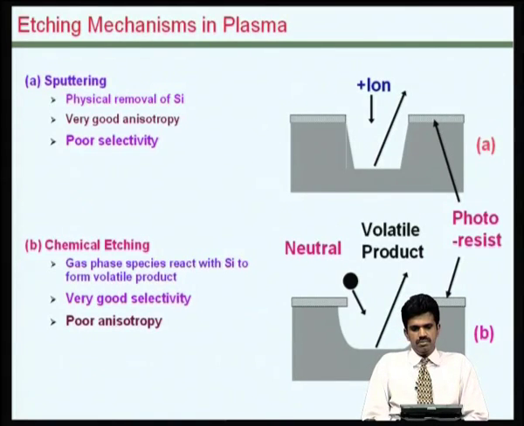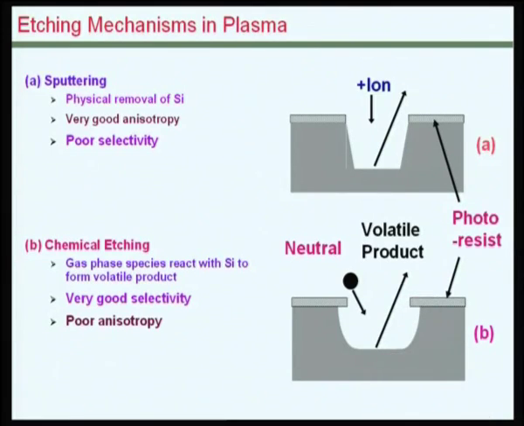If you look at the simple physical removal, where only the ion bombardment could be used, there is a chance that it is very poorly selective. And if you only look at the chemical reactions for the removal of material, it could happen that it is anisotropic.